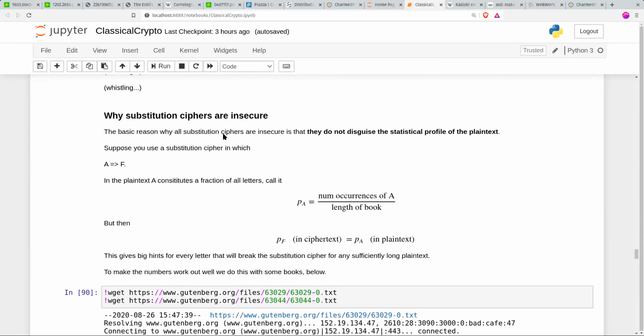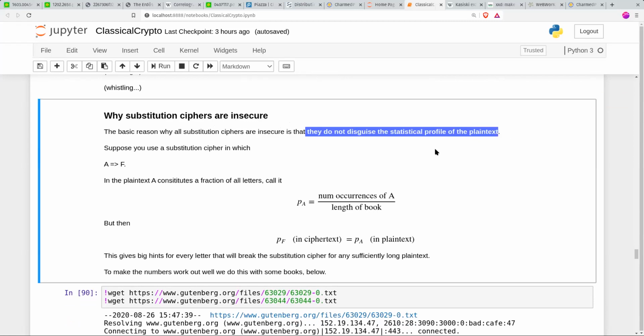I don't know if we have time to get through this, but all substitution ciphers are insecure. The reason is basically that they don't disguise the statistical nature of the plaintext. If you look at a long piece of English writing, the probability that a given character is A is the number of times A shows up in a book, let's say, divided by the length of the book.